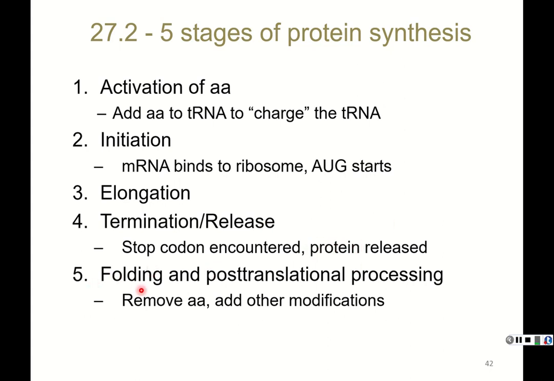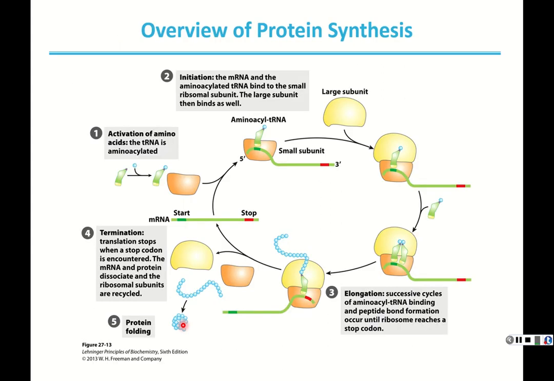And then finally, you get folding and post-translational processing of that protein. So you can have certain amino acids removed or cut off. Others have modifications added to them, and then the protein is allowed to fold into its active native form.